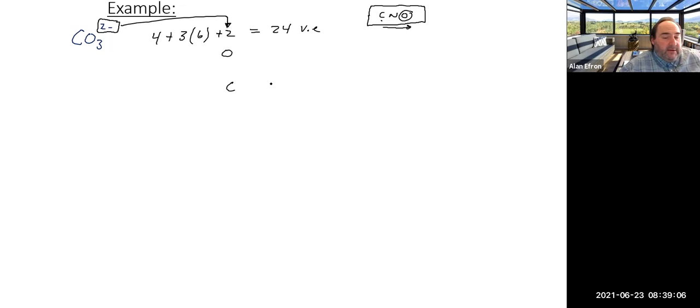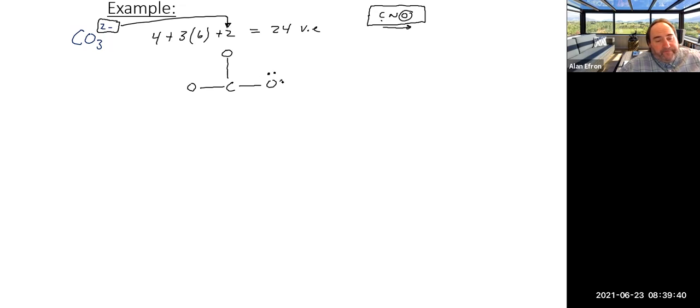Again, we're going to place around our carbon the 3 oxygens. Just like in the previous one, if you wanted to, you could have drawn the oxygen on the bottom. It's perfectly fine as well. We are at this point going to do 1 single bond to each of those oxygens. That is going to use up 6 electrons, 2, 4, 6 electrons. That leaves us 18 electrons to go. 18 electrons will go on the outside, again in pairs.